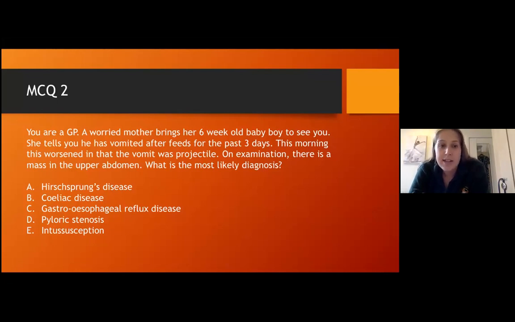What's the diagnosis that you're thinking of here? Yeah, really good. So almost everyone got that. Pyloric stenosis, well done.